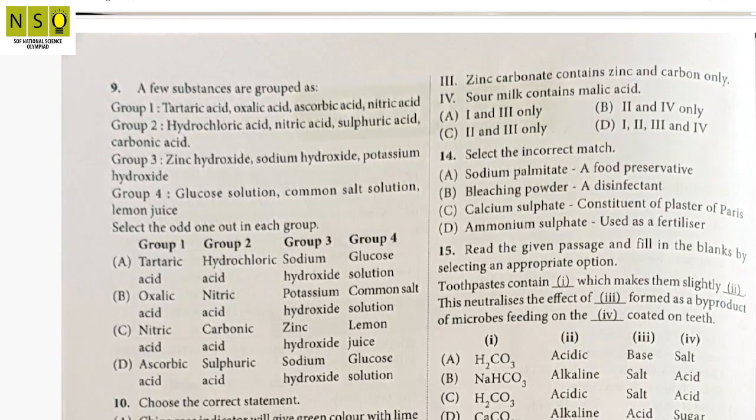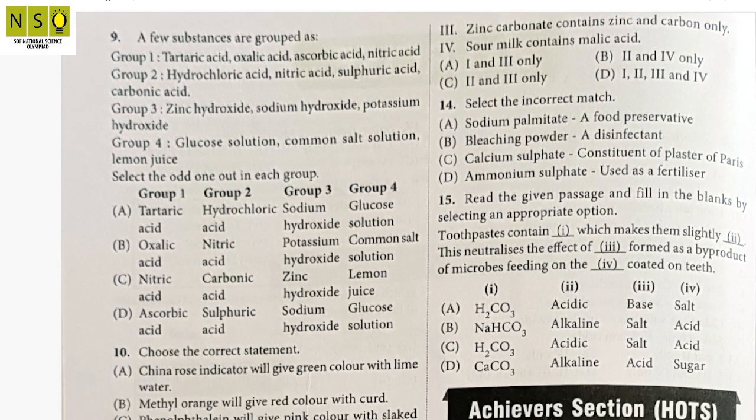Okay, I hope you are doing all the practice questions along with me. Now the next question is, a few substances are grouped as 4 groups. Group 1 says tartaric acid, oxalic acid, ascorbic acid and nitric acid. Group 2 says hydrochloric acid, nitric acid, sulfuric acid, carbonic acid.